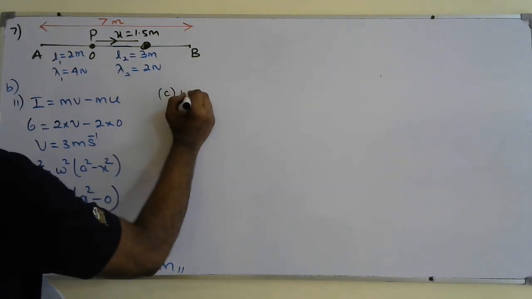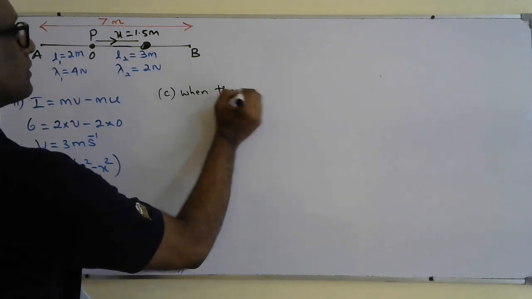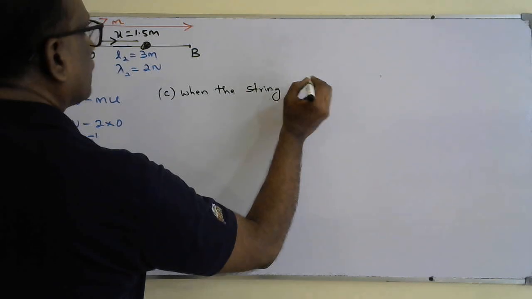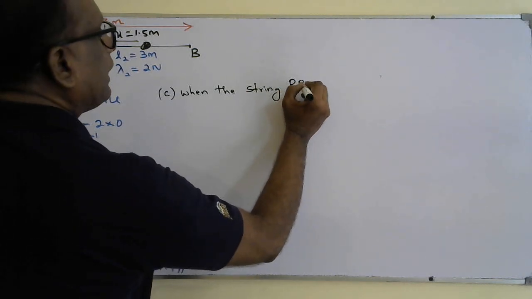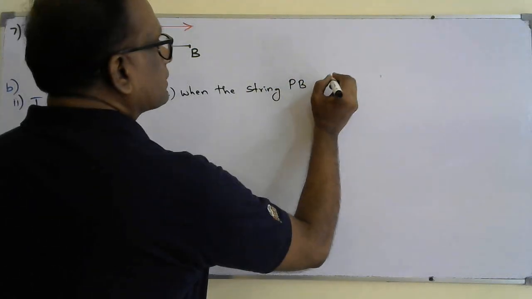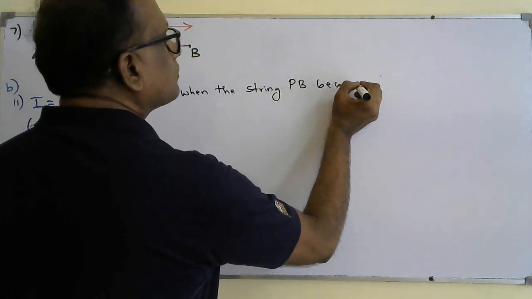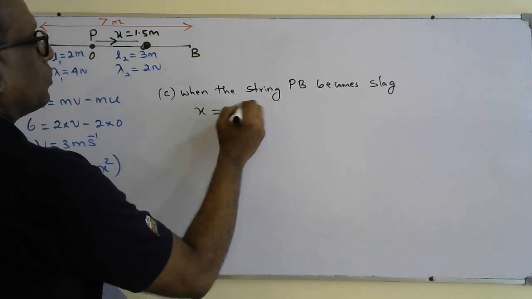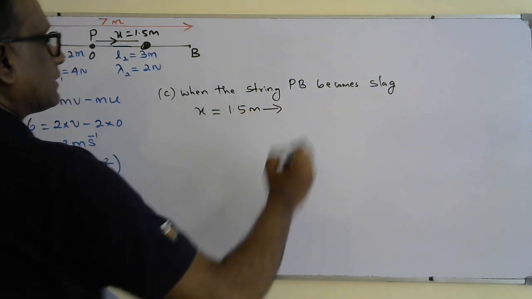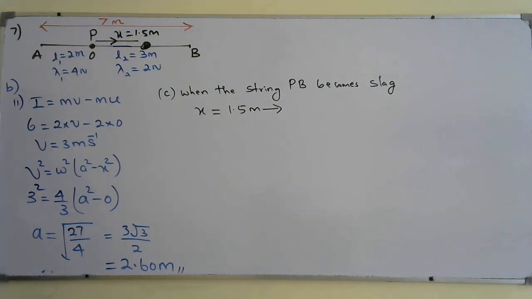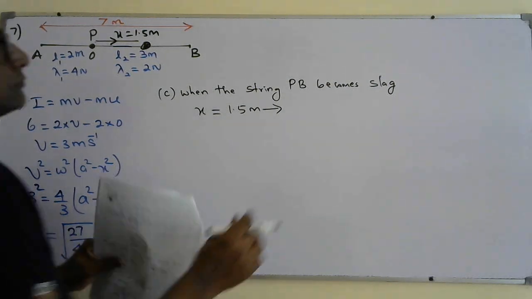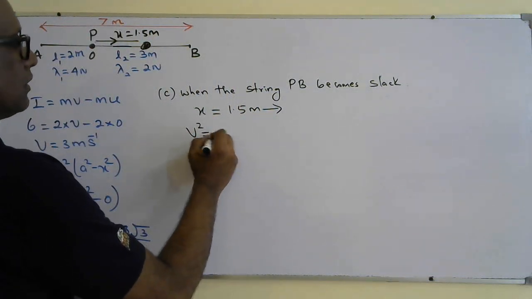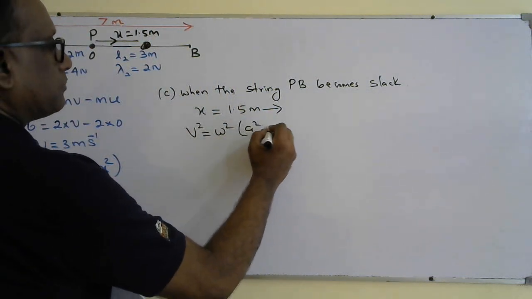So the C part: when the string PB becomes slack, x equals 1.5 meters towards the right. So V squared equals omega squared times A squared minus x squared.